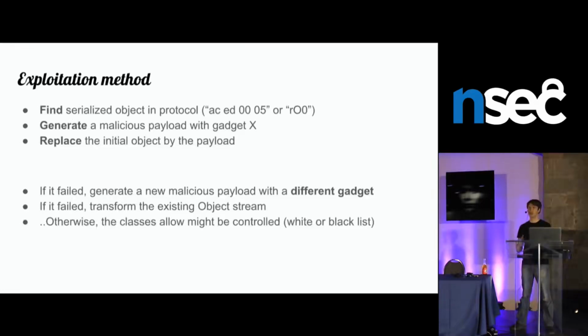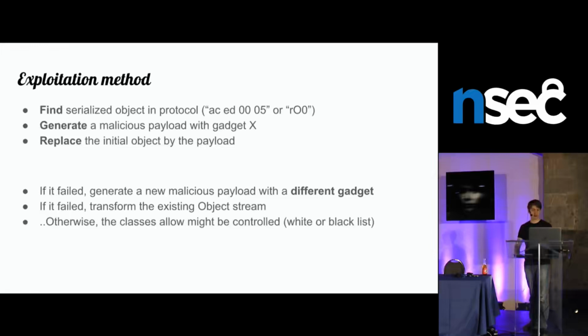Since if you're doing a black box test, you won't know for sure which classes are available on the remote application, you can just try one after the other. If it doesn't work, it might be a specific protocol. Sometimes if they read ints or other primitive types prior to reading the object, you'll need to follow the sequence of the protocol until a readObject is done, and then you'll be able to do the same thing.